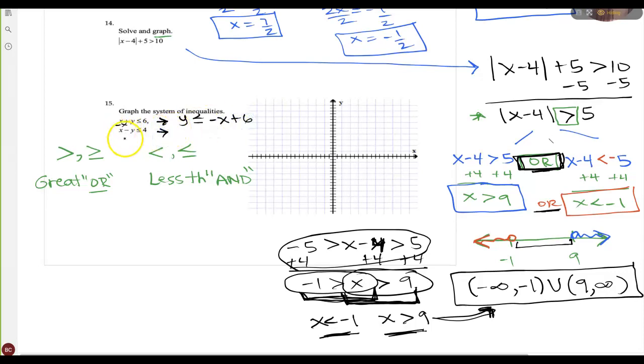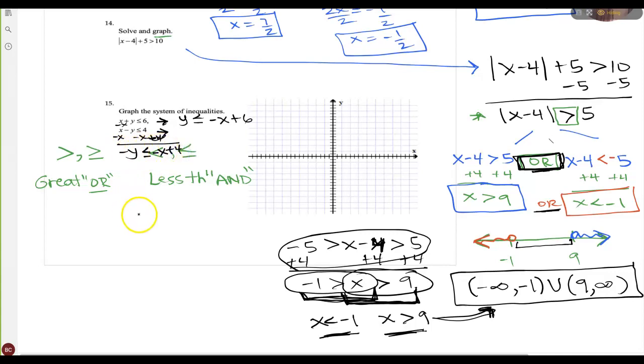And then this other one, if I subtract the x over, let's write it this way, I've got negative y is less than or equal to -x plus 4.